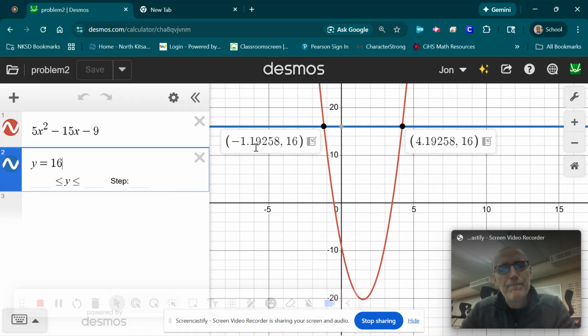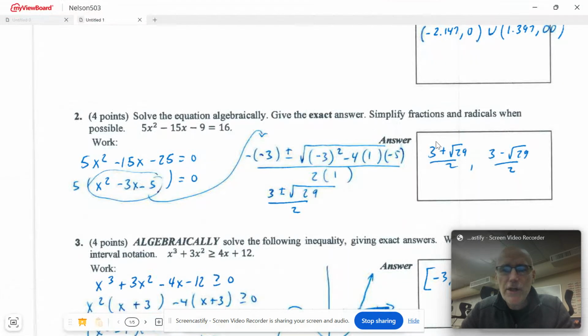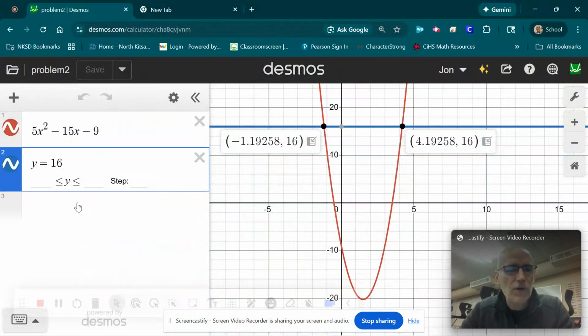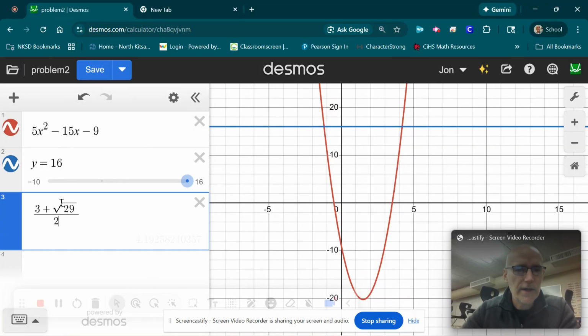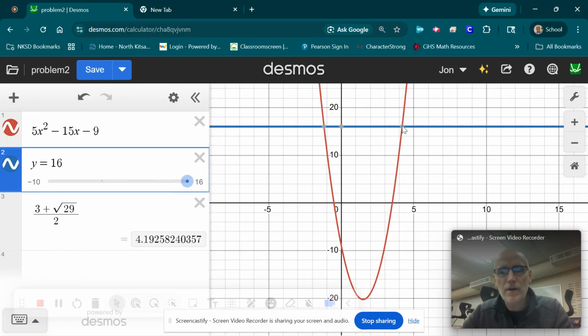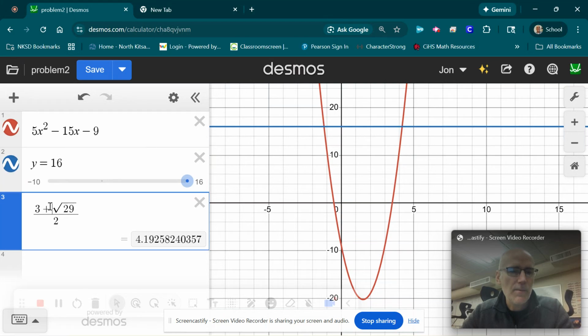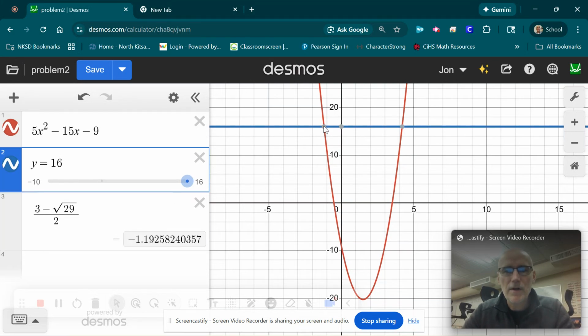But look, could you check your answer, 3 plus square root 29 over 2? I think we could. 3 plus square root 29, and then a 2 right down here, 4.1 something, that's probably this guy right over here, right? Oh yeah, there it is right there. And then if I change this to a minus sign, I think I'm going to get my other answer right over here, boom.